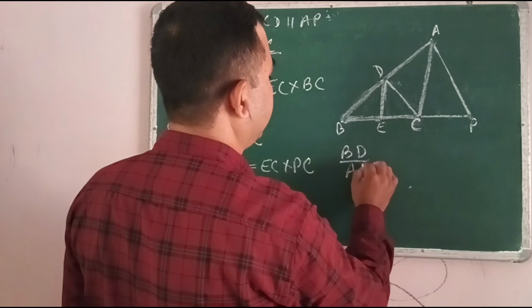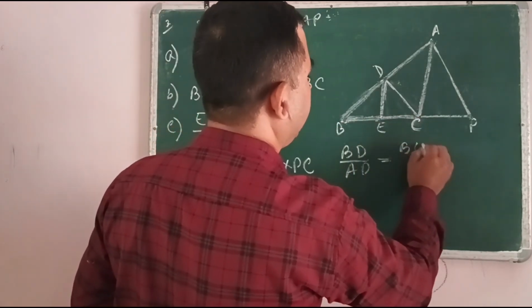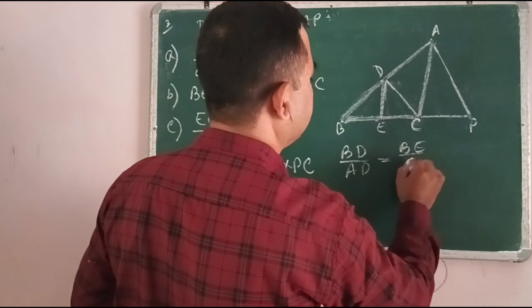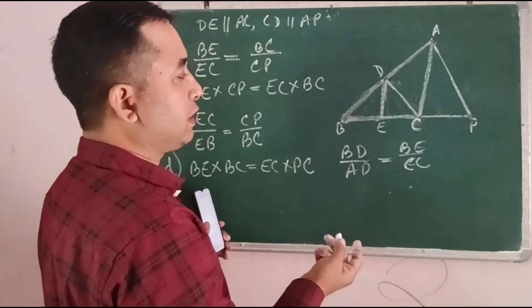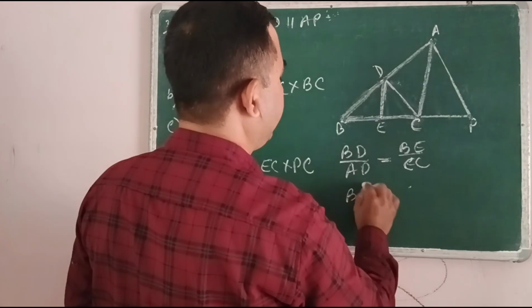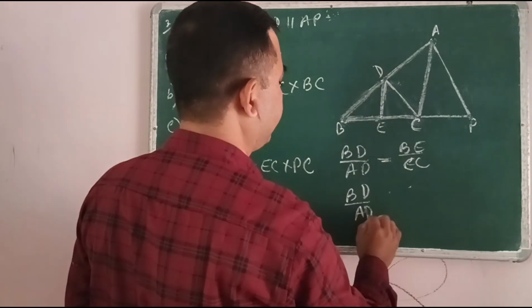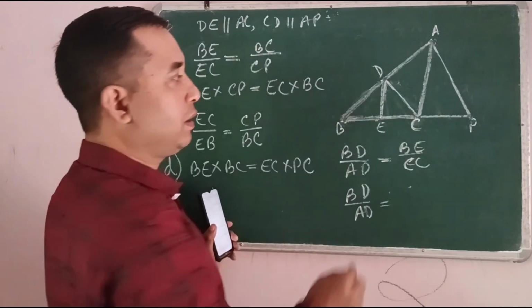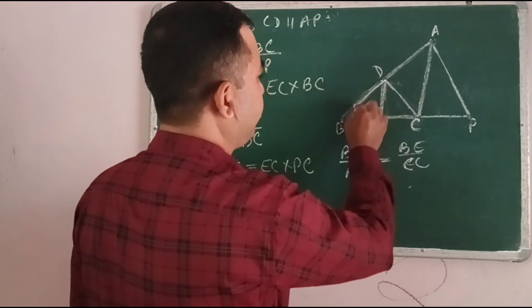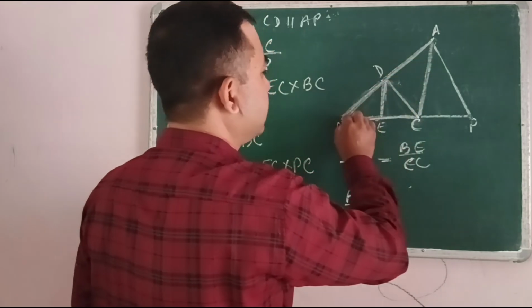So we can write BD by AD is equal to BE by EC. Again, let us take another two triangles. Which two triangles have we taken now? The triangles are DBC, which is one triangle, and the other is ABC, the bigger one.